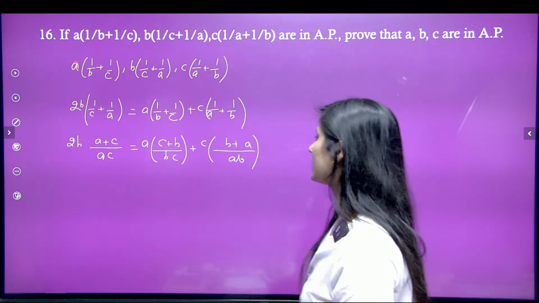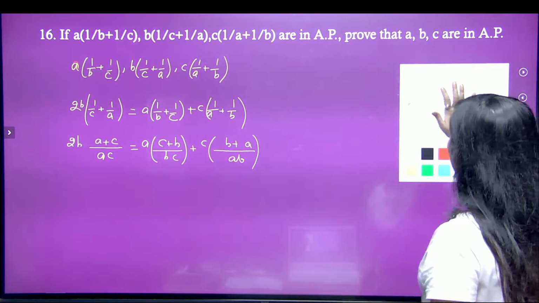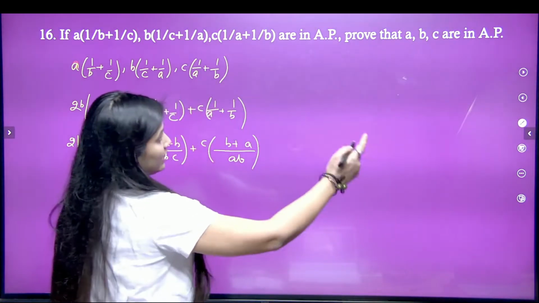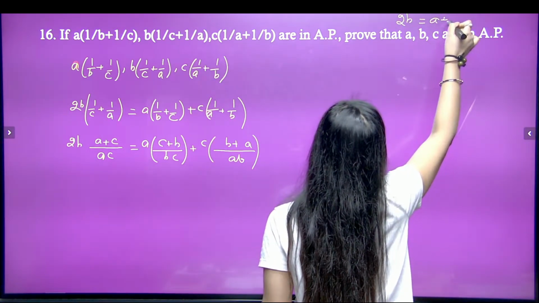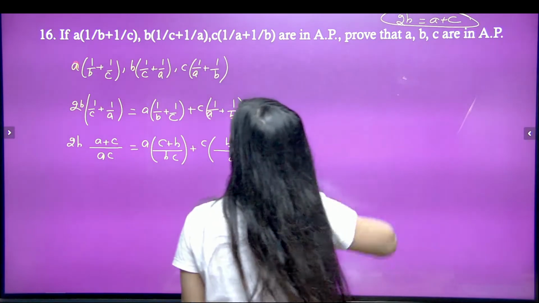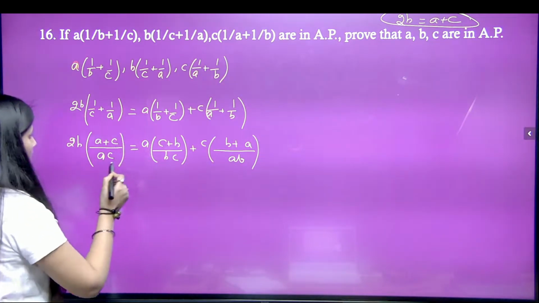So what we have to do here, now we have to solve this equation. And we have to prove that A, B, C are in AP. So simply you have to prove that 2B is equal to A plus C. Okay, 2B is equal to A plus C. That's what you need to find. So let's solve this equation.